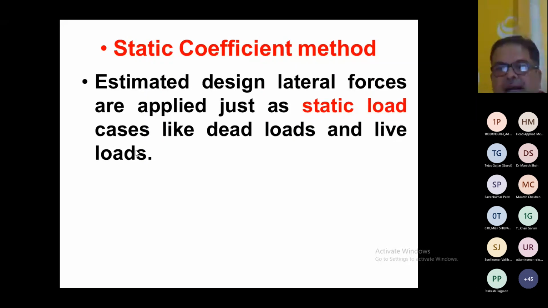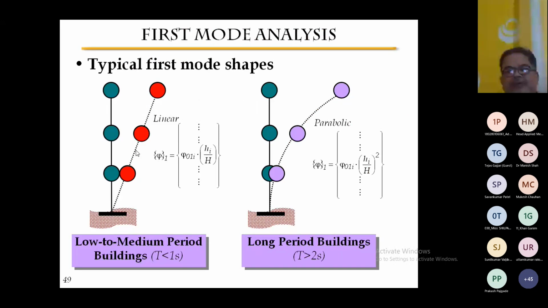So the alternate method has been given. This is a static load. It's a static coefficient method, in which you apply a lateral load like a static load, right? And you can analyze. Most of us are very comfortable with static load, not comfortable with dynamic load, right?